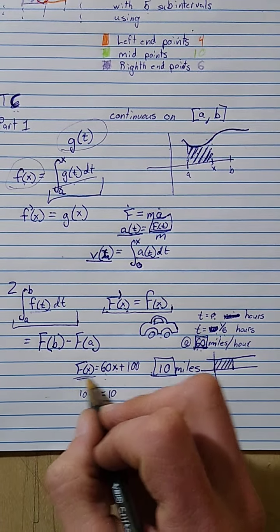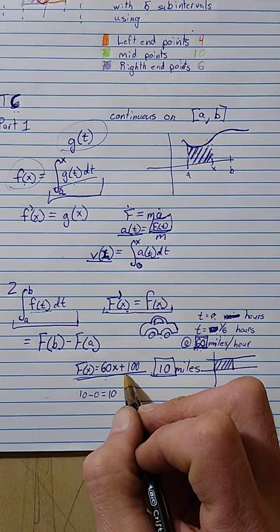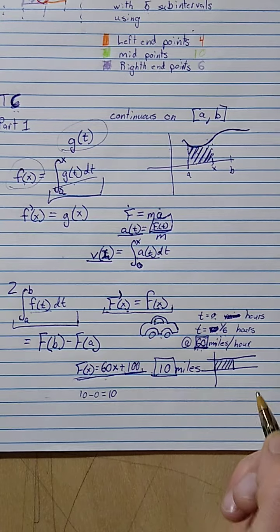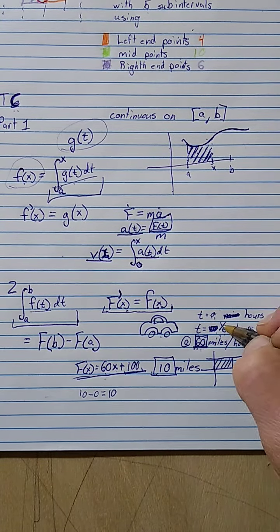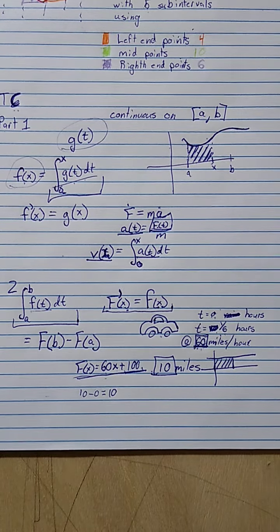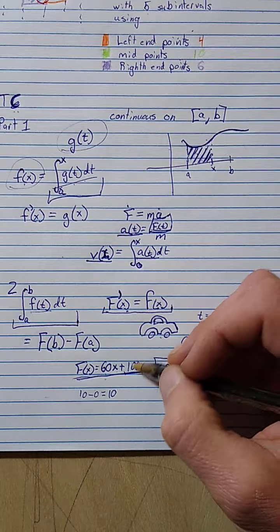Sorry, that's a bad analogy. This is position. So it's kind of like if the car starts in Denver, or does it start 100 miles away from Denver? If it travels at 60 miles an hour and all I care about is how far it goes, then I don't need to know where it starts.